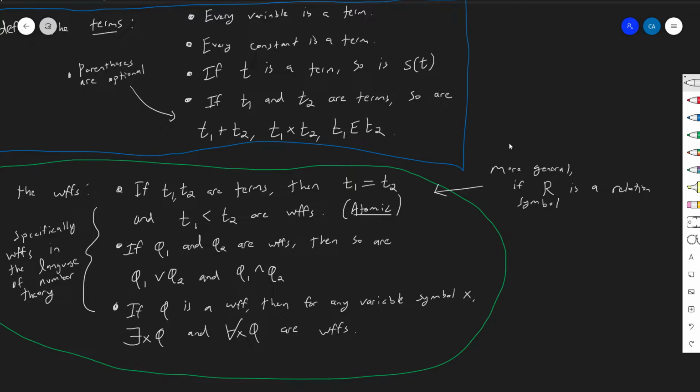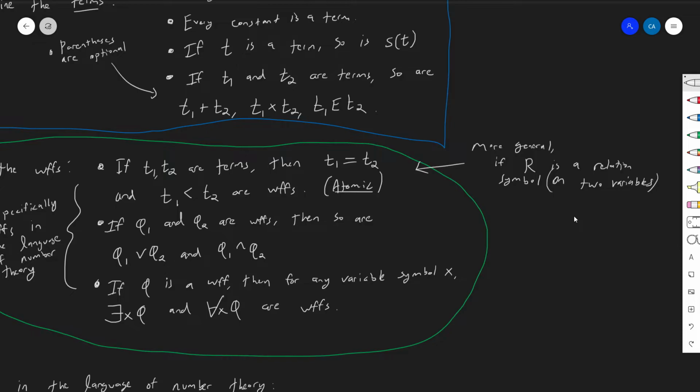and I kind of lied about saying that's all there is. You also have to specify, on two variables, there's kind of like an arity function where you have to specify what, maybe your relation takes 3 terms. Maybe your relation takes 4 terms.